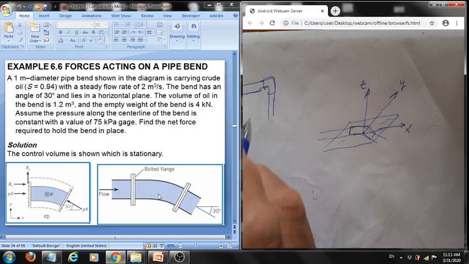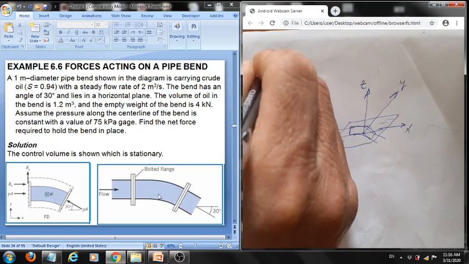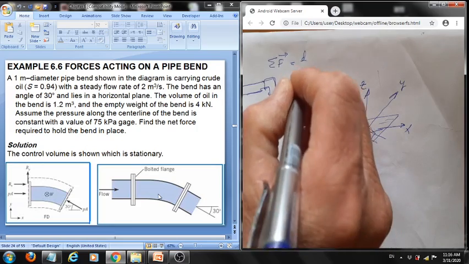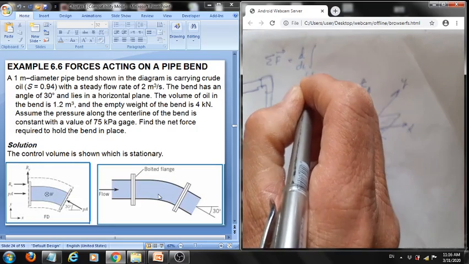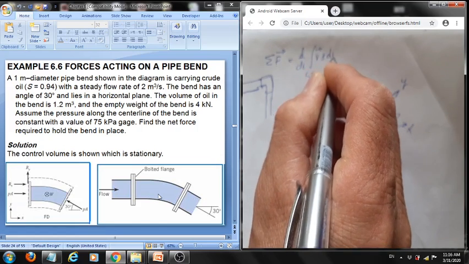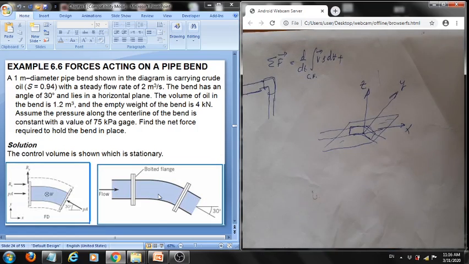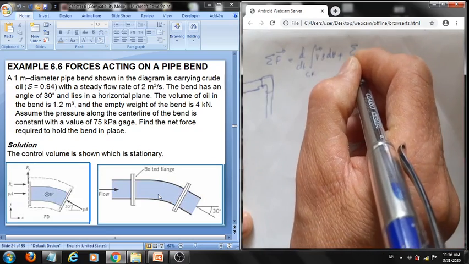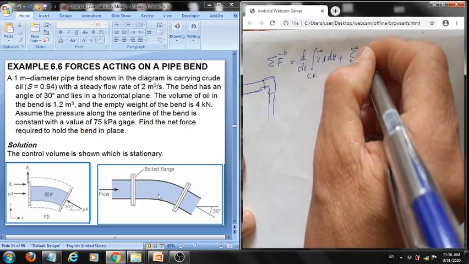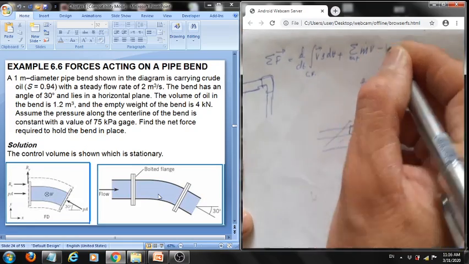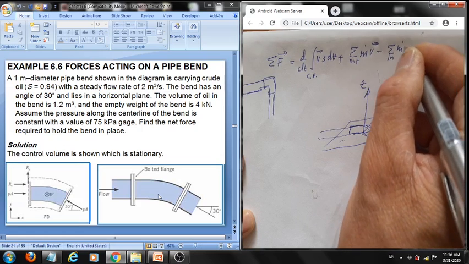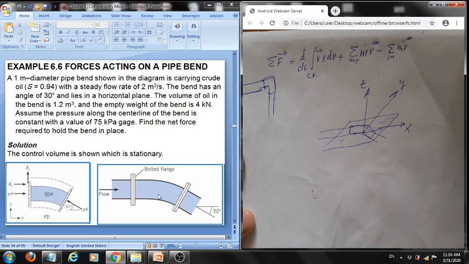ماشي. طيب. So we apply the momentum equation اللي احنا نتذكرها اللي هي عبارة عن summation of forces equal to time rate of change of momentum inside the control volume plus under uniform conditions we have out, which is m dot V minus, of course this is a vector, at the inlet m dot V. Okay, let's apply it in the x direction.